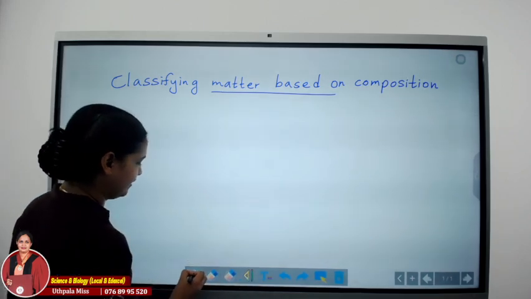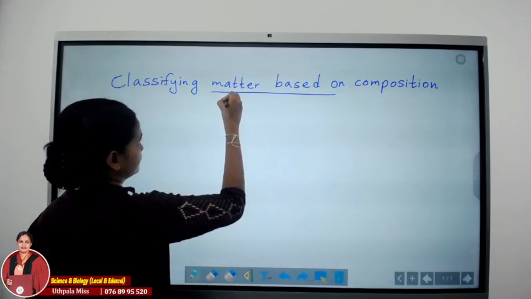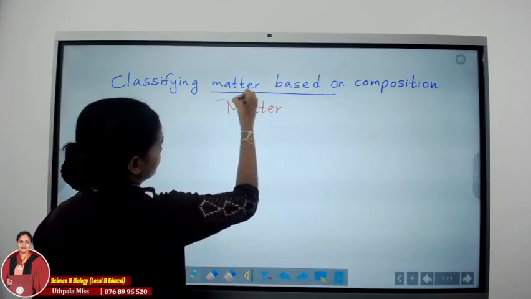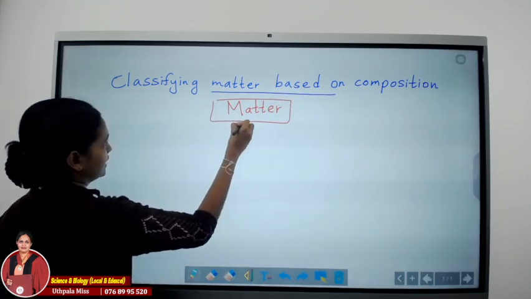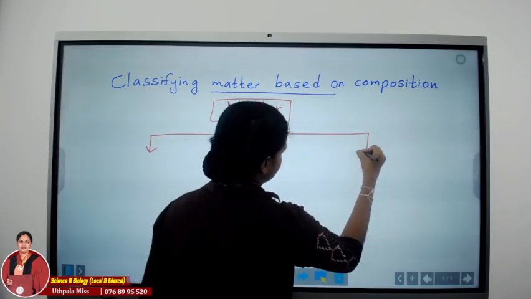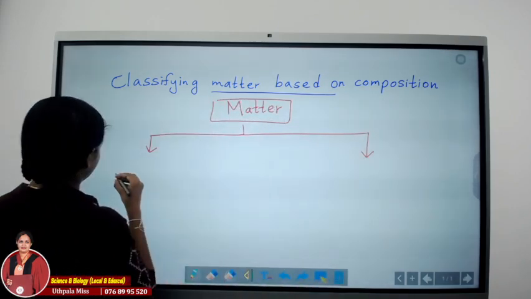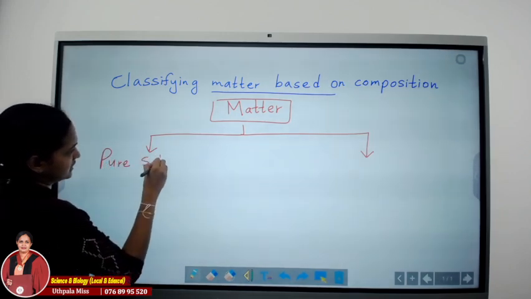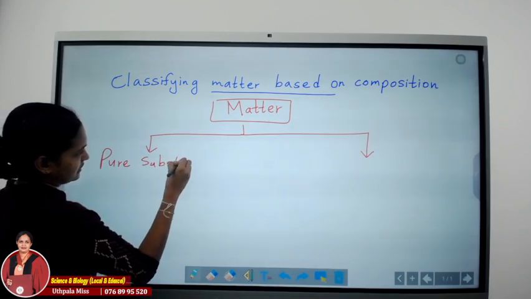So accordingly, based on composition, we can divide matter into two categories: pure substances and mixtures.